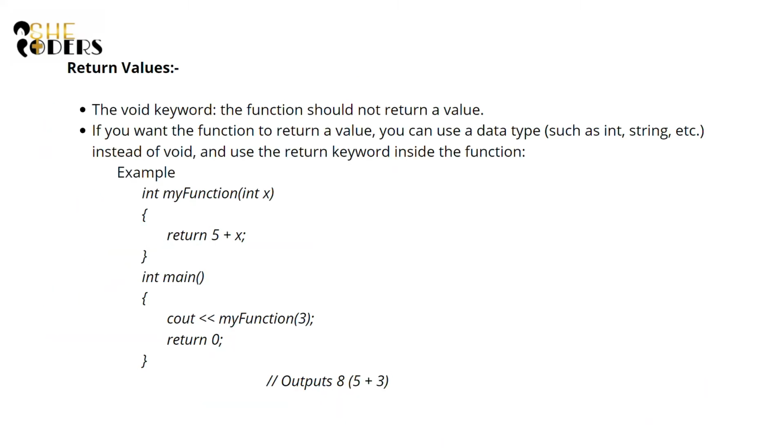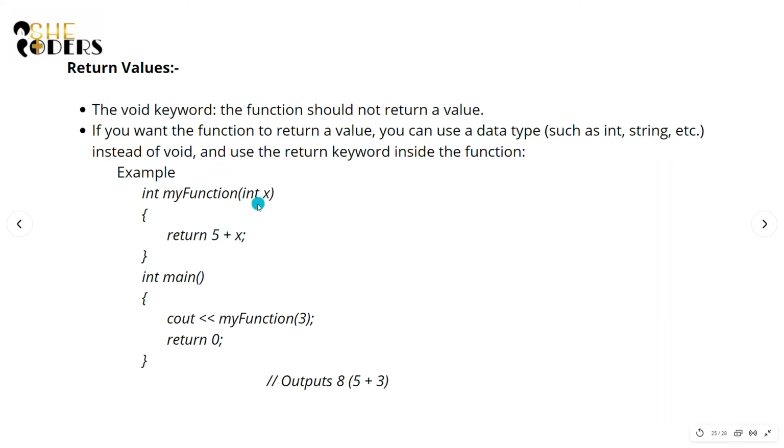Now comes the return value. Earlier you saw that my function had a void return type, so it returned us nothing. But here I have written integer for my function. It is taking an integer parameter that is x, and it is returning 5 plus x.